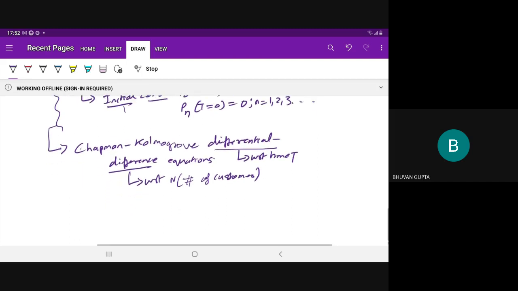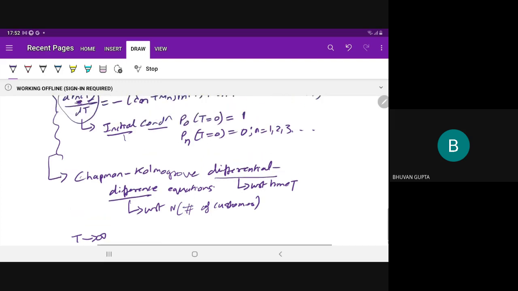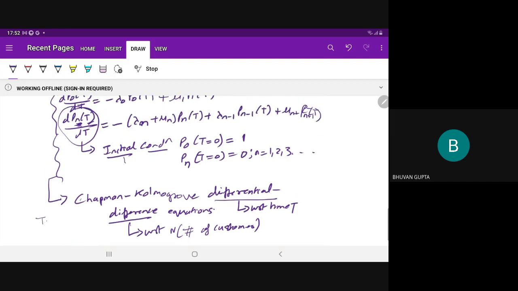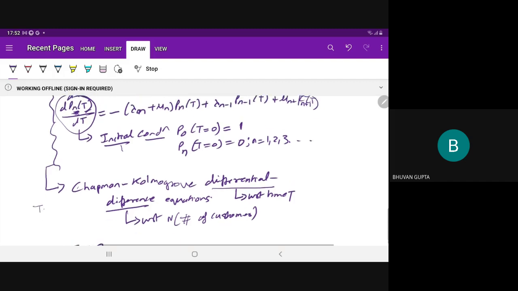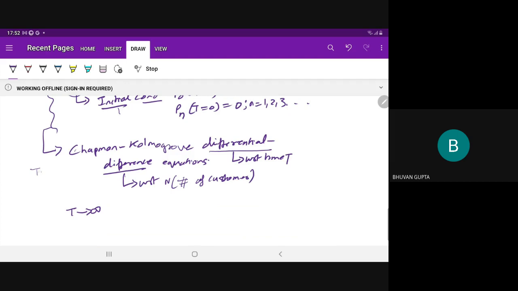Now from here, if t tends to infinity, it means a large time. When we are writing the differential equation, we say they are the transient equations.